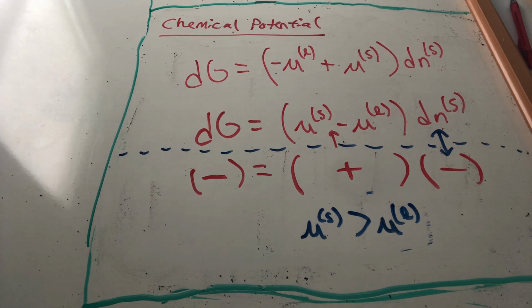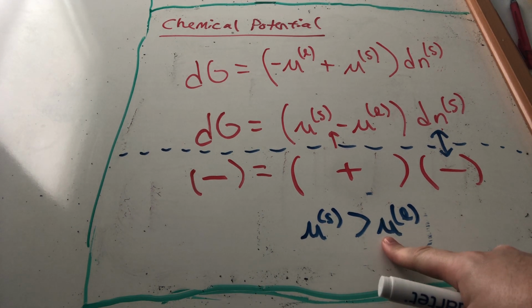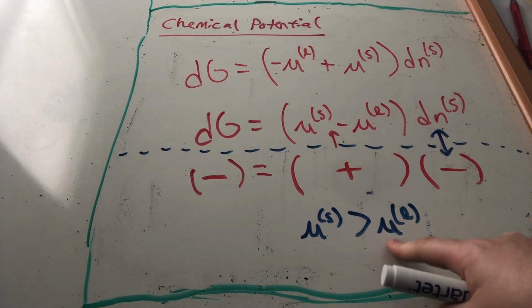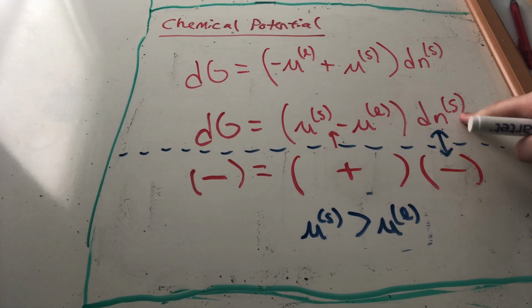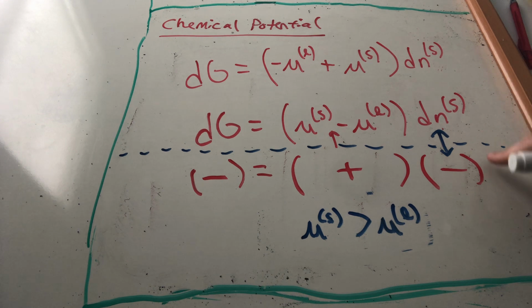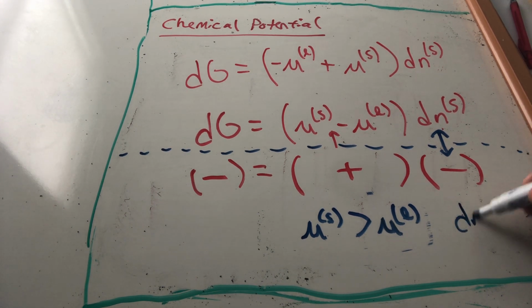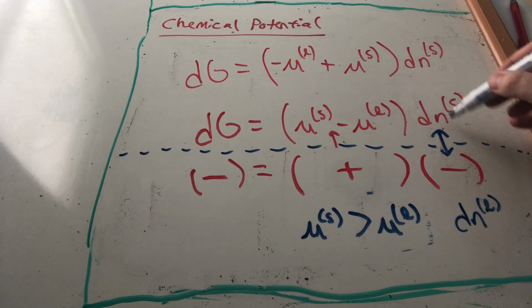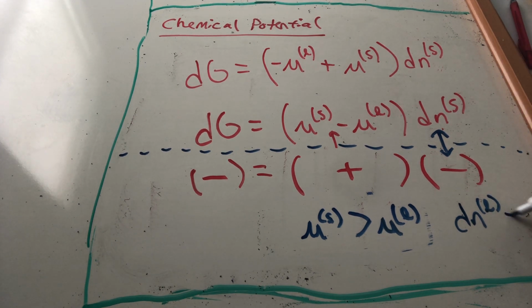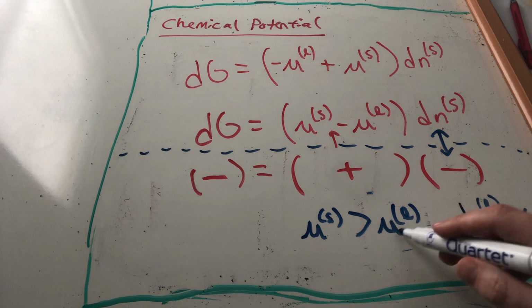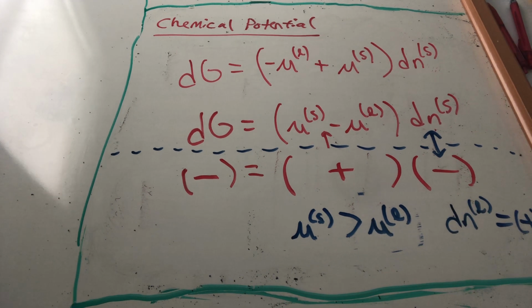So what happened? The liquid chemical potential was at a lower value. And what did we see? We saw that the solid went away. Well, where did it go? Remember that dN for the liquid is equal and opposite dN for the solid. So this dictated the flow to make more liquid.